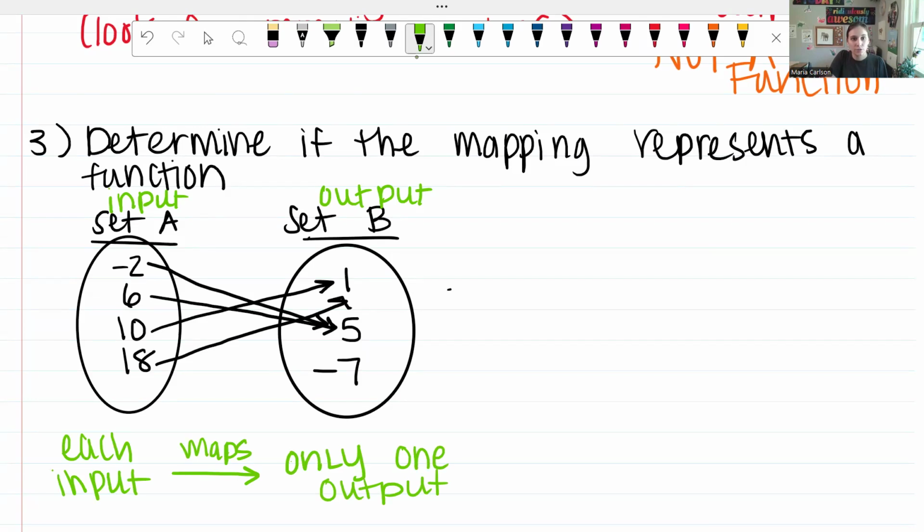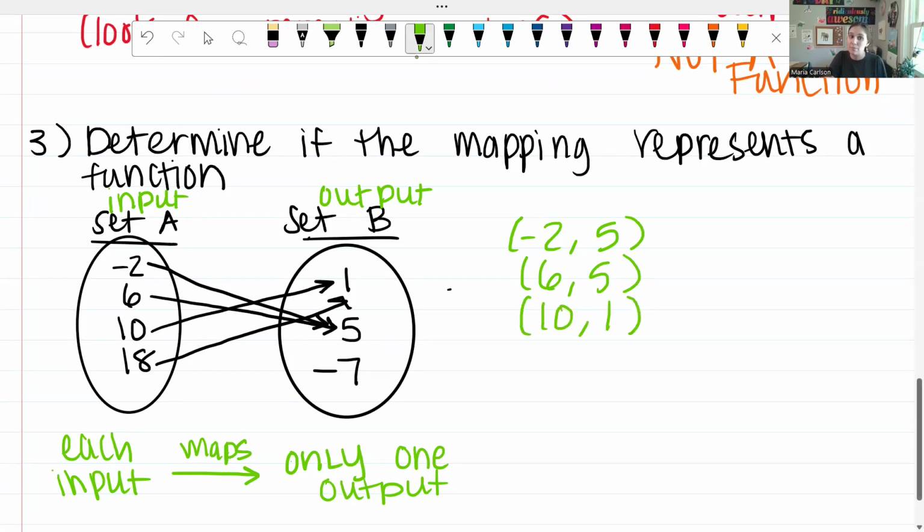So looking, -2 maps to 5, but it doesn't map anywhere else. 6 maps to 5. It also does not map anywhere else. 10 maps to 1, but it doesn't map anywhere else.